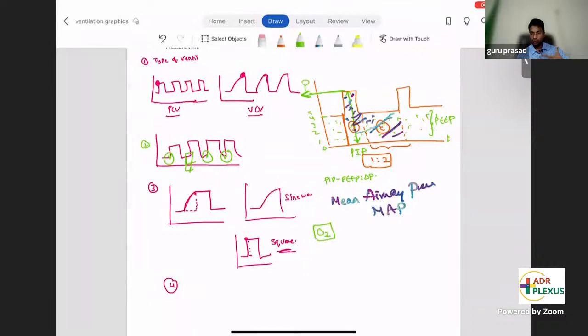So whenever you want to improve oxygenation in a patient on a ventilator, the first important thing is, in the graph, you can increase the PEEP. Why? Because PEEP is present both in inspiration and expiration. I will draw it neatly again.